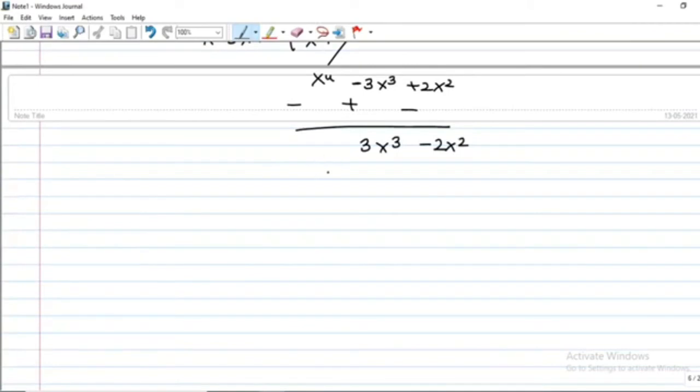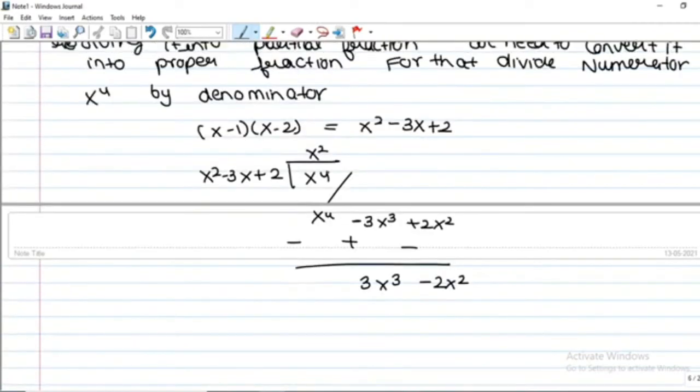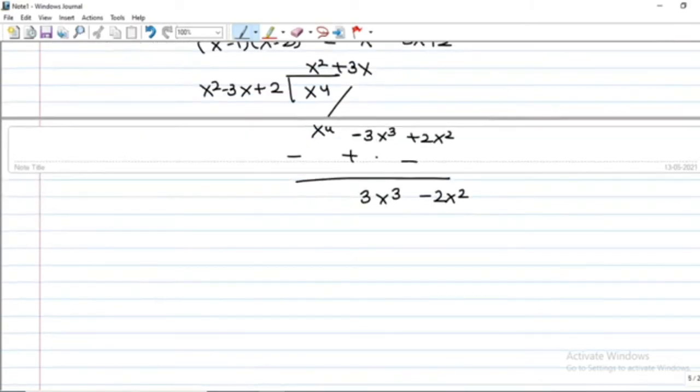After this, what you can do here, you want 3x cube, what will you do? Multiply it with 3x, right? Then we can create 3x cube. So what are we getting here? We are getting 3x cube minus 9x square plus 6x, right?